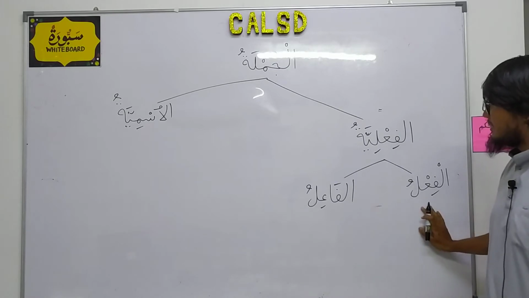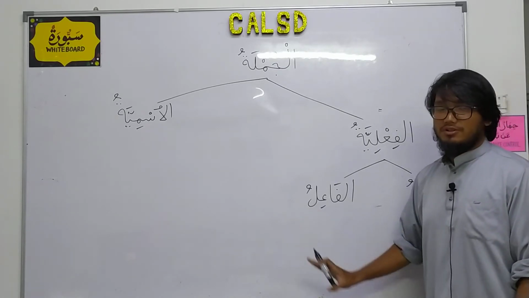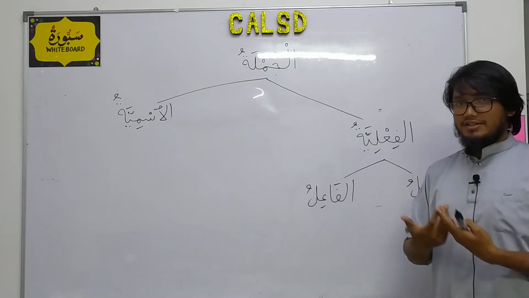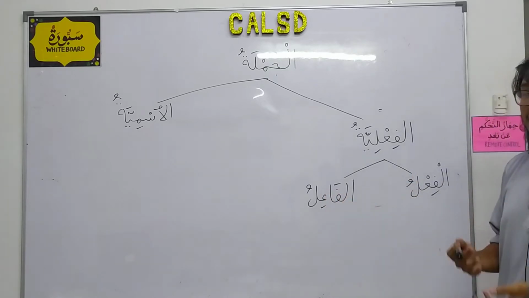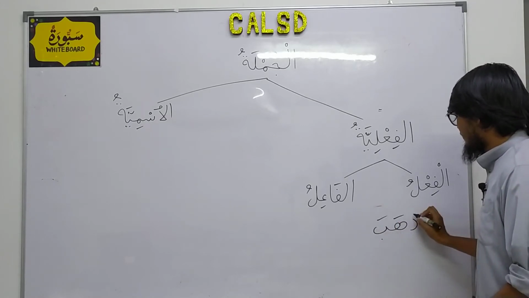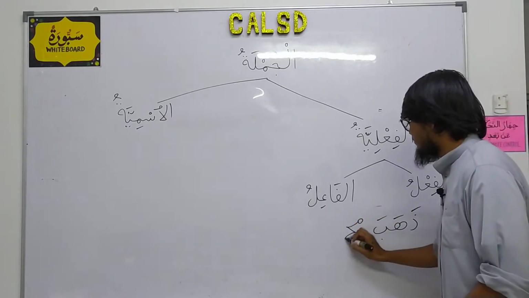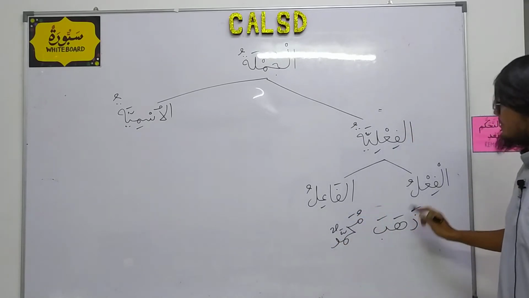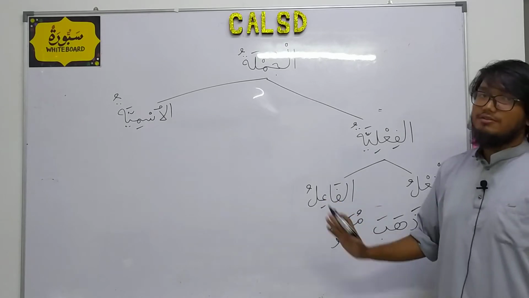So this is the verb and this is the doer of the verb. So it only needs these two to make a full sentence. To give an example, we say dhahaba Muhammadun. So dhahaba is the fi'l, Muhammad is the fa'il.